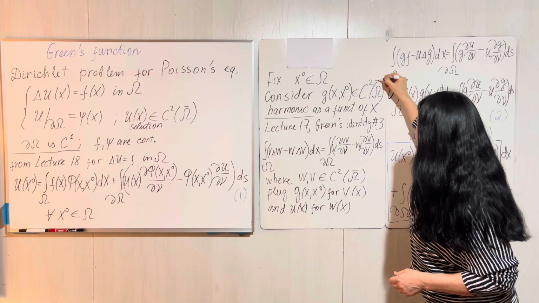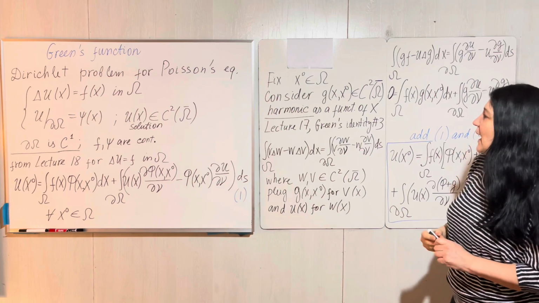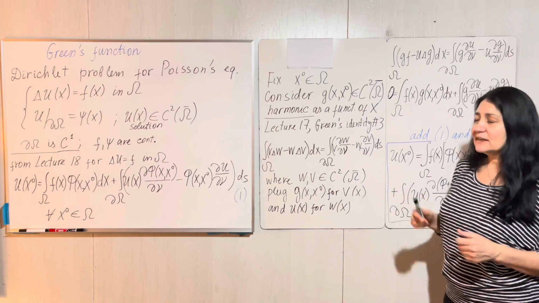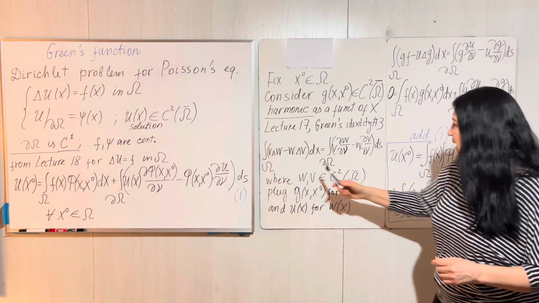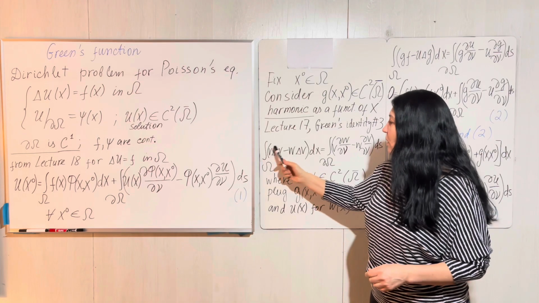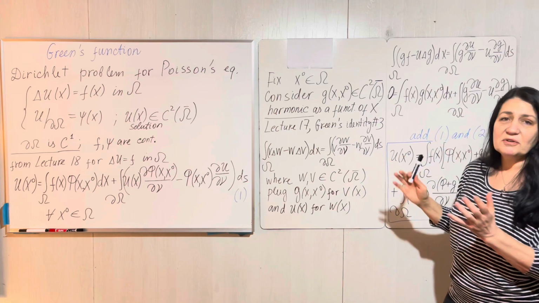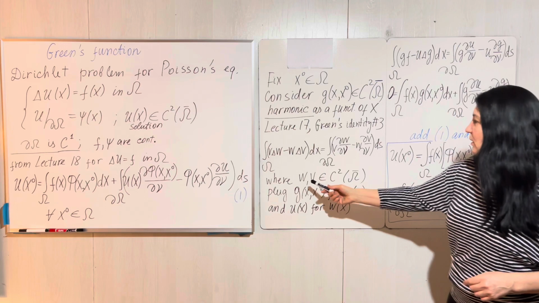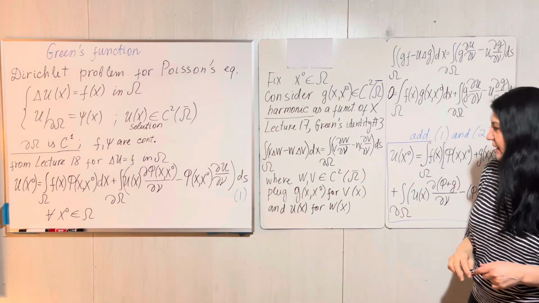In lecture 17, we derived Green's identities, and formula number 3 from lecture 17 relates integrals over the domain with integrals over the boundary. This formula holds for two functions w and v that are C2 in the closure of omega.